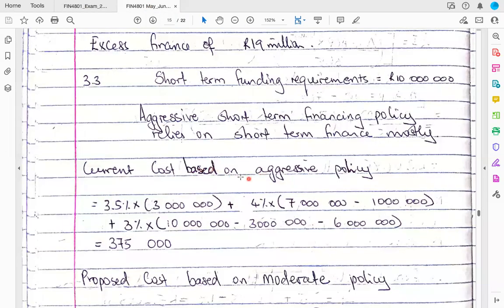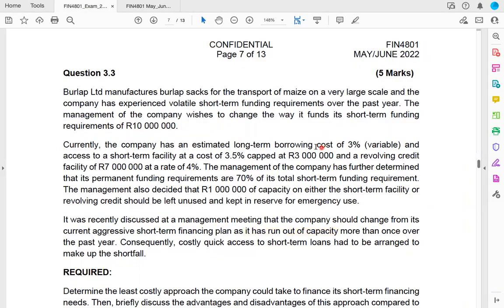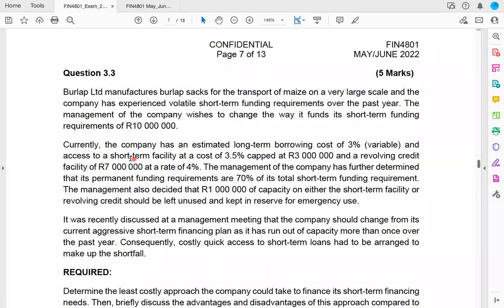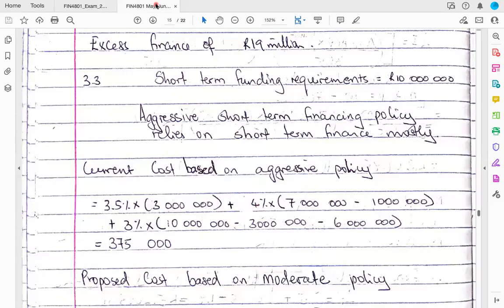So the current cost, based on the aggressive policy: part of the needs will be met using the short-term facility, which is a short-term financing option. That's 3.5% times 3 million.